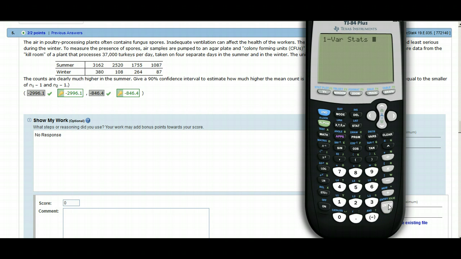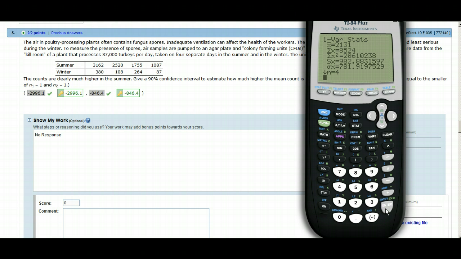Now yours may come up with another screen. It may ask you for list 1. You can change list 1 pretty easily. In this one, it automatically defaults to list 1, but I could do second L1 to say find one variable statistics for the list of numbers in L1.